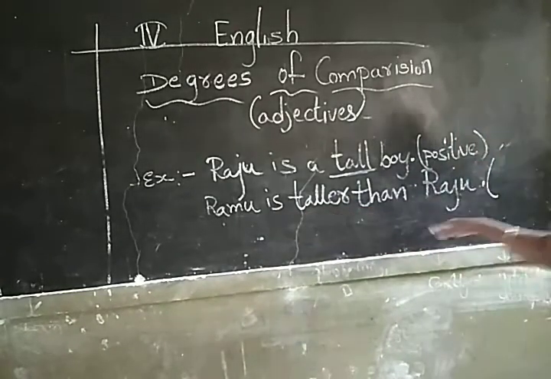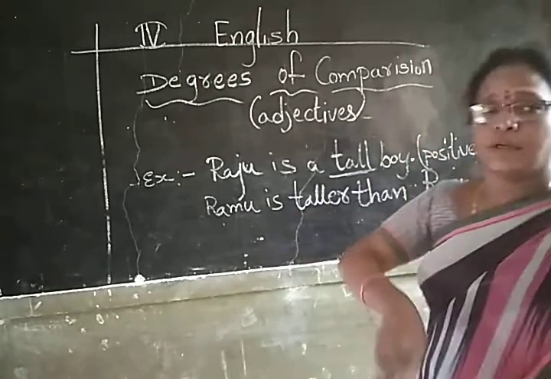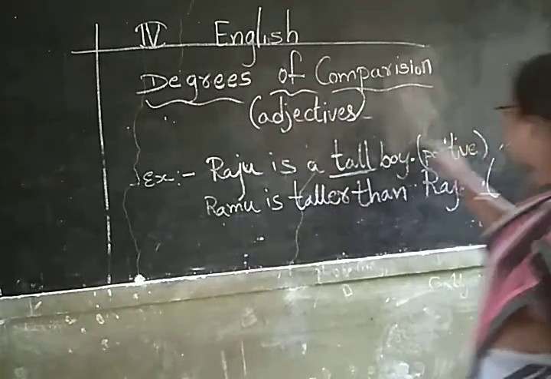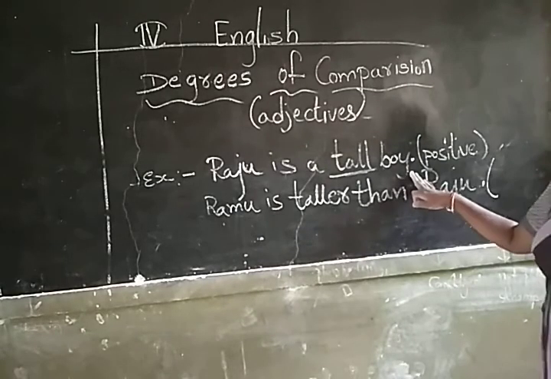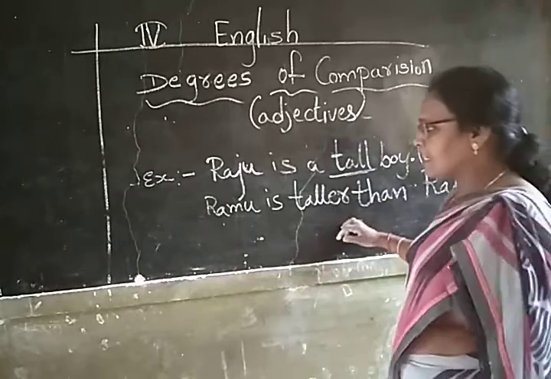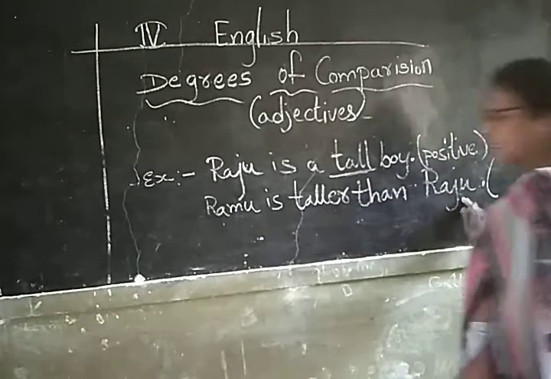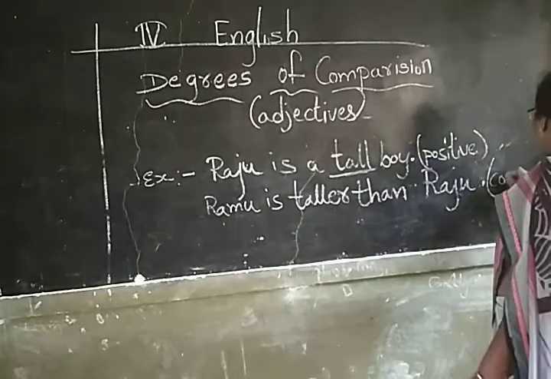Here I am using two persons. Whereas in the first sentence, the positive degree, I talked only about Raju, only one person. In the second sentence, I am talking about two persons. That is comparative.